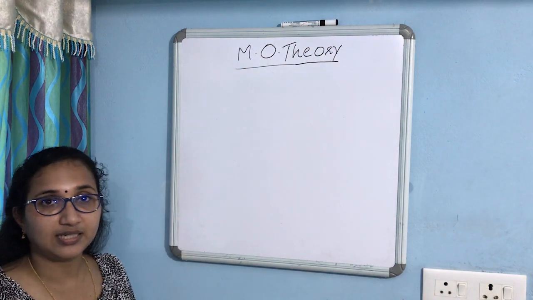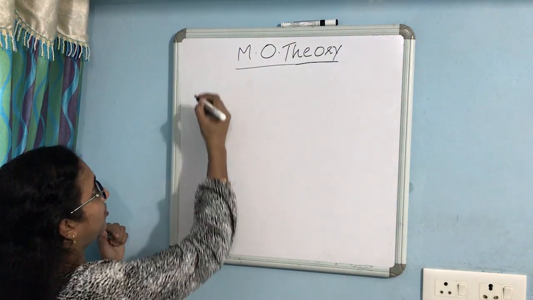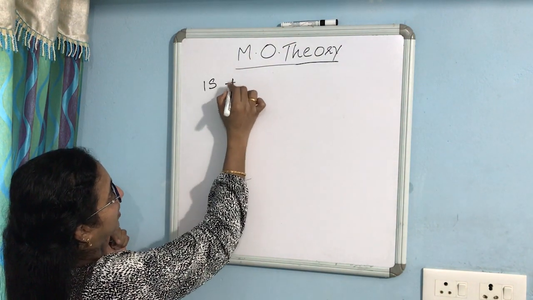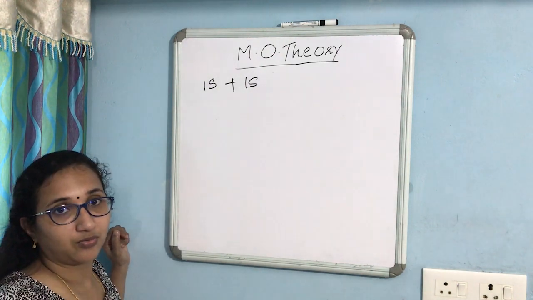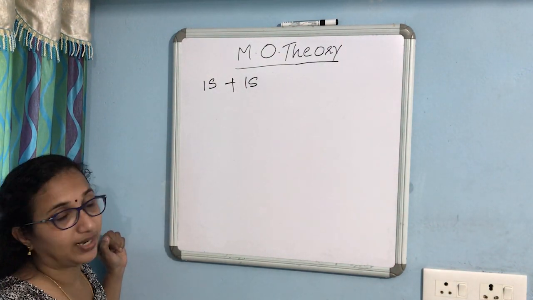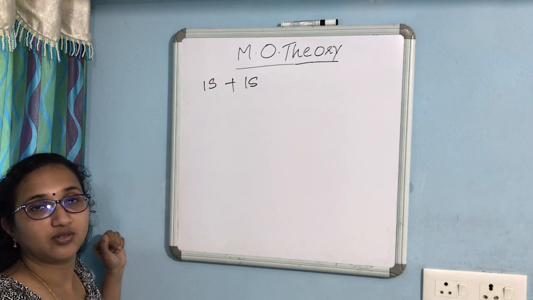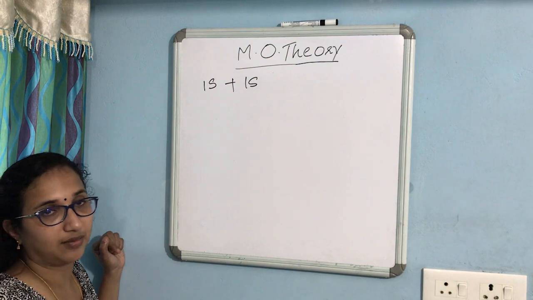So let's start with the lowest energy atomic orbital, 1s. So the two 1s atomic orbitals, how do they combine, or what change in shape and energy takes place when the two 1s atomic orbitals combine to form a covalent bond, as in the case of the hydrogen molecule, for example.